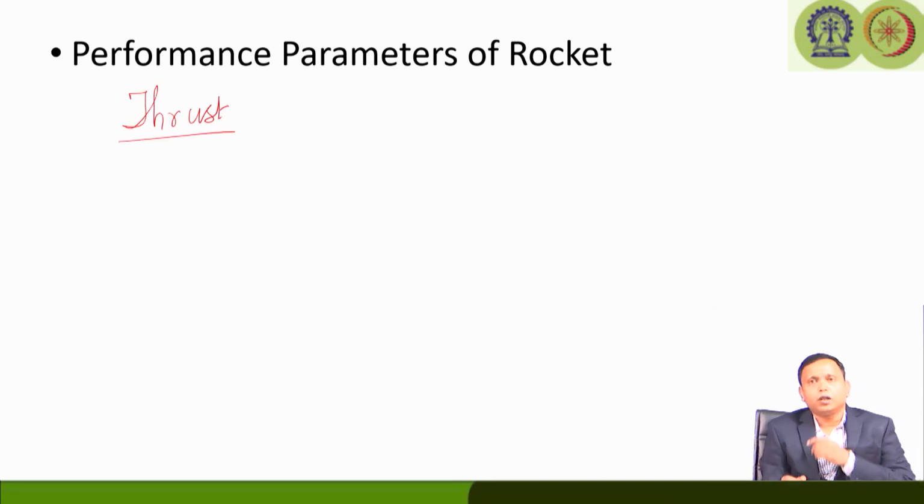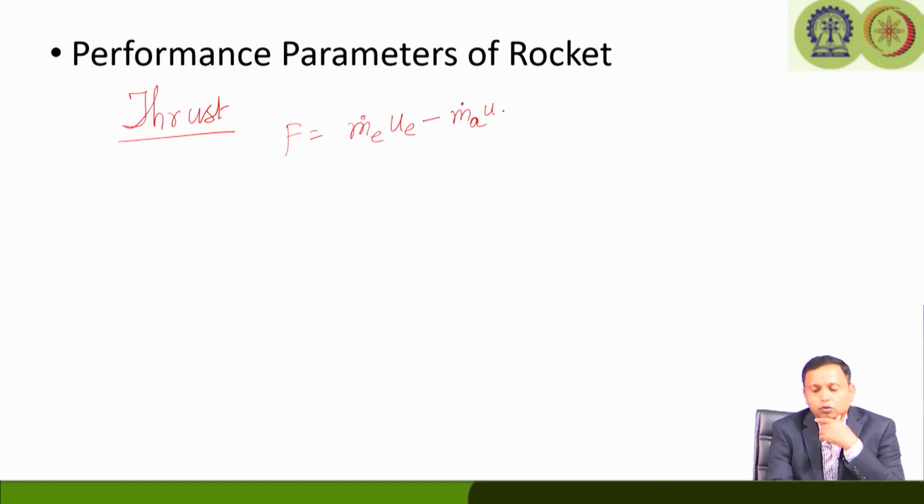Now, if you recall the thrust equation for a turbojet engine or an air breathing engine, we had written the thrust equation as F equal to m dot exit into exit velocity, minus m dot A into U A, plus the difference in pressure, exit pressure minus ambient pressure, into the exit area of the nozzle.